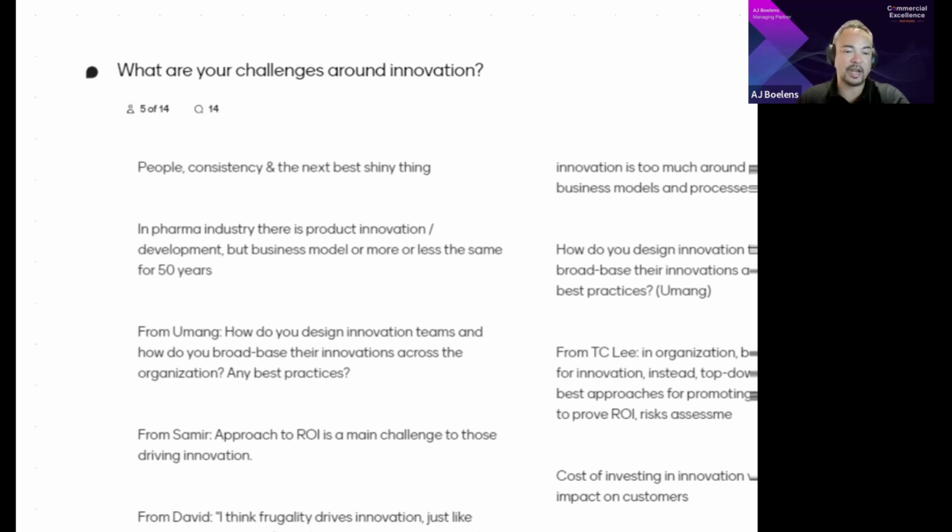Samir made a point here. Approach to ROI is a main challenge to those driving innovation. Yeah, it's unknown. It's a risk. Innovation in its essence is not just doing something better, because we could do strategic projects for that, right? If I want to be able to clean my floor better, I can buy a vacuum cleaner, and a vacuum is going to be more effective than, let's say, a broom. Is that really innovation? No, not really.